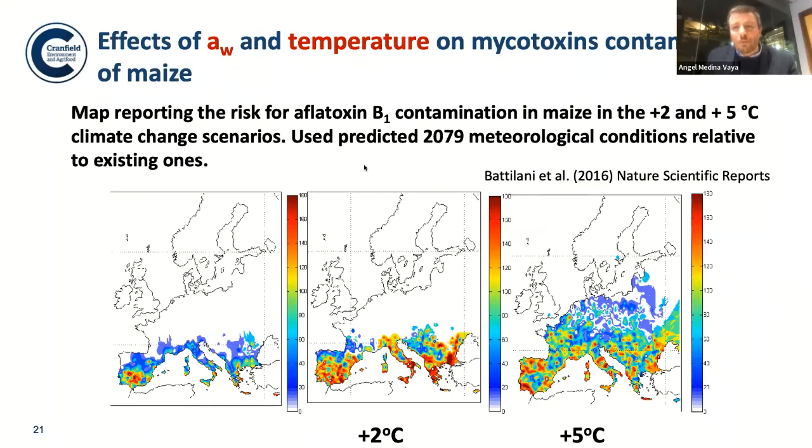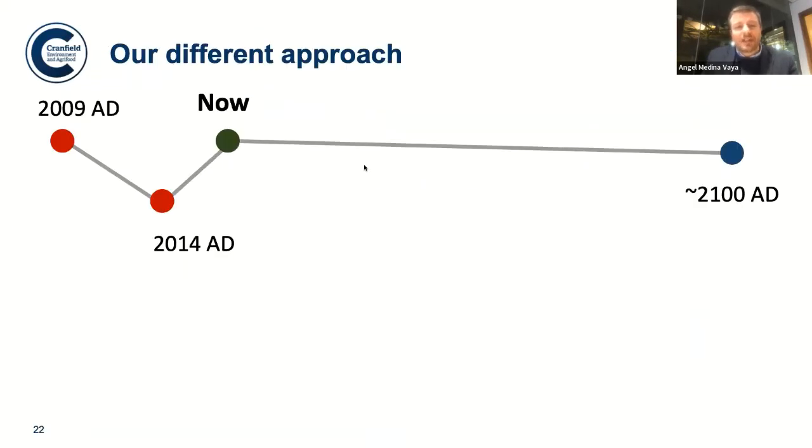So now let's go back to our timeline and what has been our different approach. Now we go to year 2009, and I'm not going to mention names, but in 2009 there was this enthusiastic postdoc coming from Spain that went to the UK with the idea of learning from a professor in Cranfield University about how different environmental factors were affecting the growth of fungi.